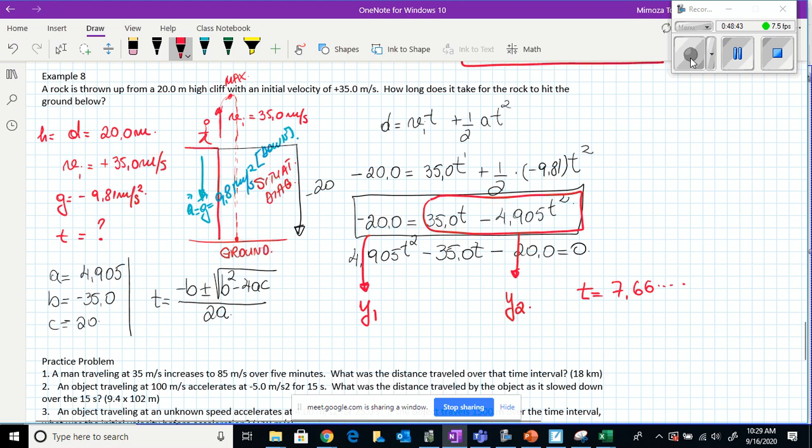Is this the answer? 7 and so on seconds. Now, the significant digits that we have in this question are 3 for height and 3 for the velocity, so it will be 3. So the final answer for this question, considering the significant digits, will be 7.67 seconds.